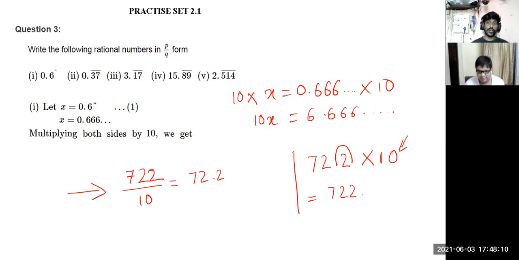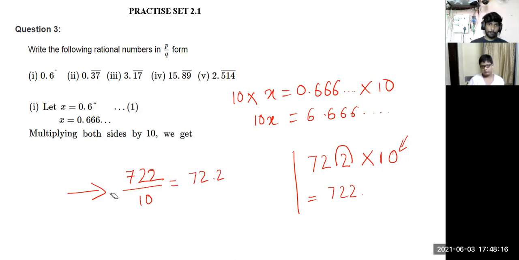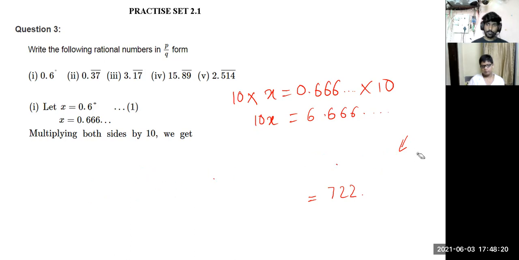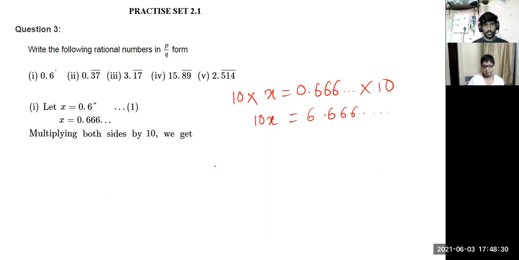Let me check your understanding. Suppose it is 20.27 into 10.